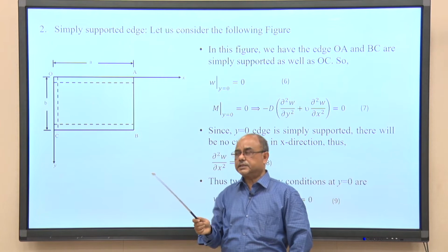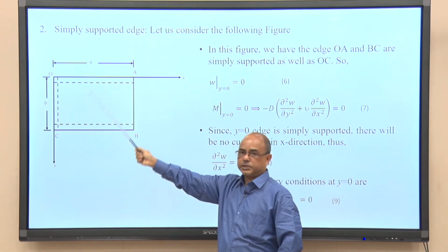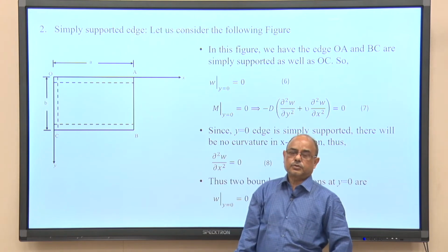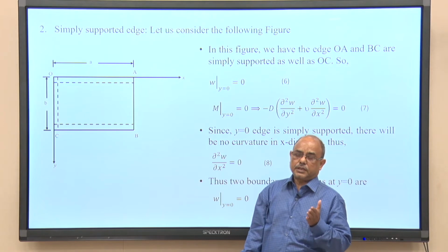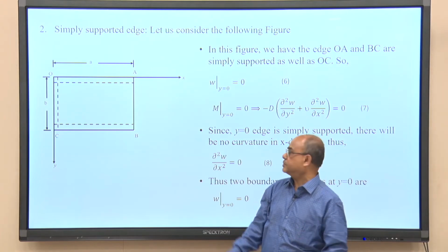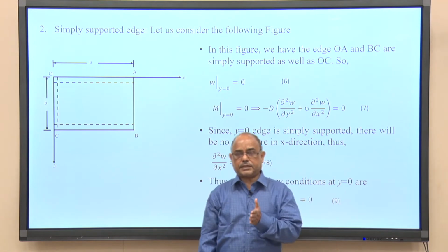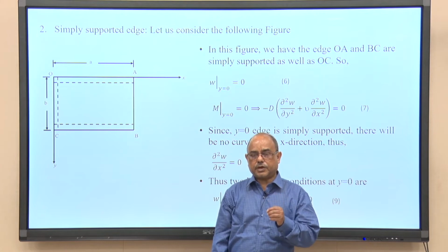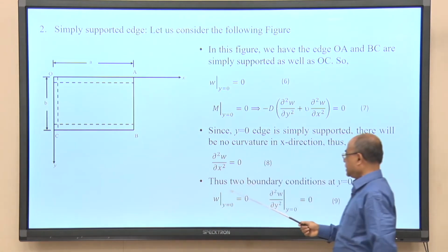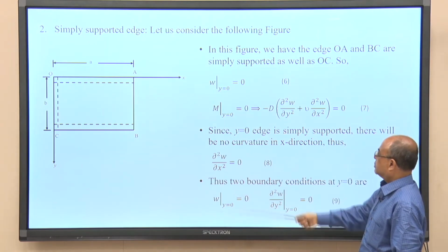But since it is supported along the edge OC, which is parallel to the y axis, there cannot be curvature along the y direction. That means del square w del y square is 0. So, for that edge the conditions will be w at x is equal to 0 is 0 and del square w del x square at x is equal to 0 is 0. It can be written in a similar way at this edge OC.